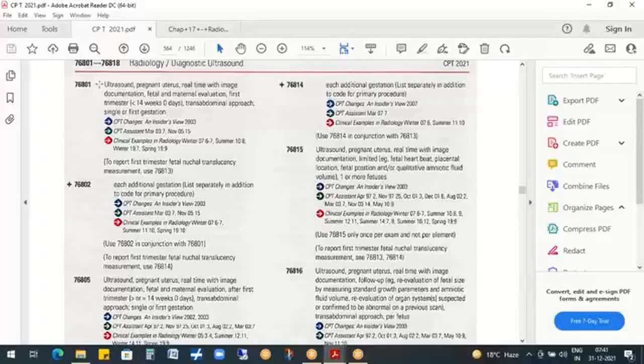Interstitial or intracavity. Just put a hyphen and write down based on number of channels.